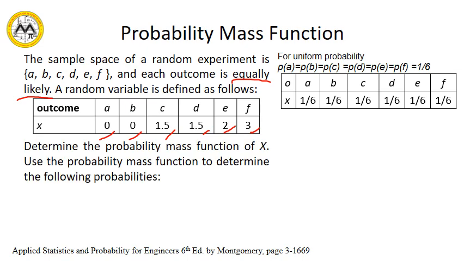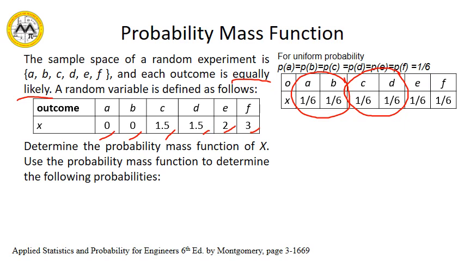Determine the probability mass function of x and use the probability mass function to determine the following probabilities. Note that a and b are under the random variable x having value of x equal to 0, and c and d fall on the random variable x equal to 1.5, and e is under 2, equal to 1 over 6, and f equal to 3.